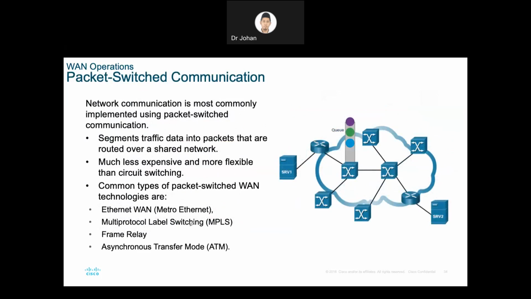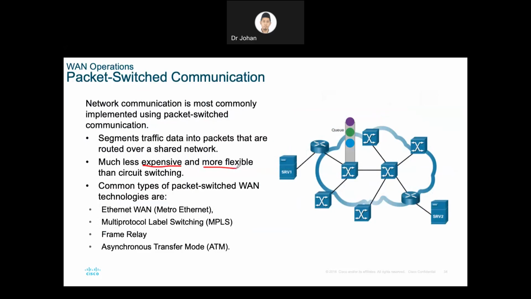Packet switched communication. Network communication is most commonly implemented using packet switched communication. It segments traffic data into packets that are routed over a shared network, which is much less expensive and more flexible than circuit switching.